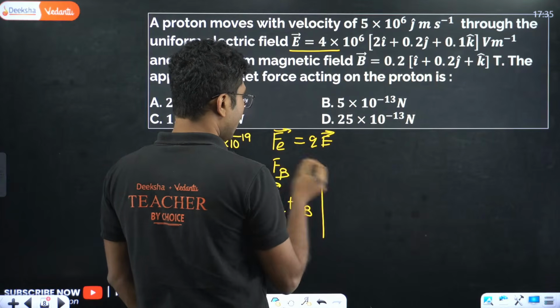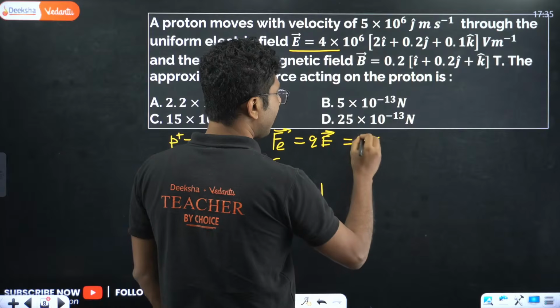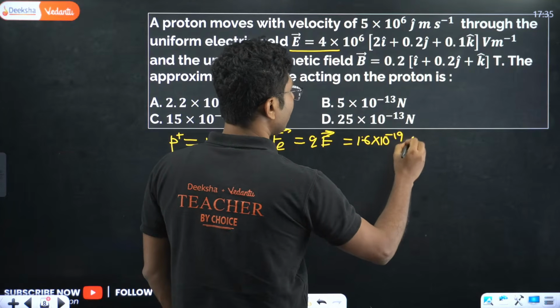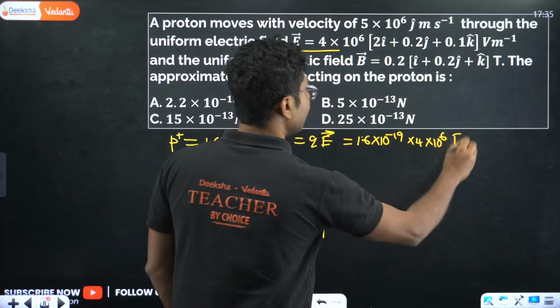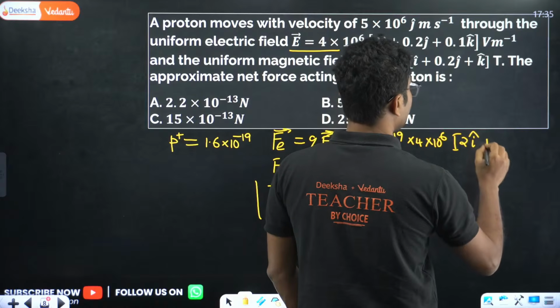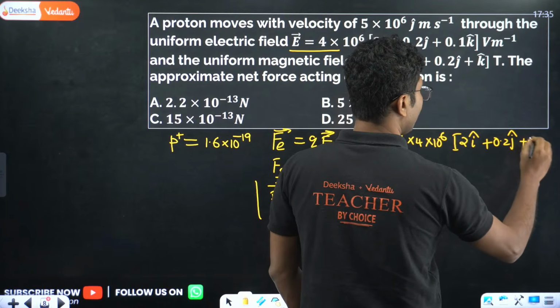So Q into E is basically 1.6 into 10 to the power of minus 19 into 4 into 10 to the power of 6 into 2 I cap plus 0.2 J cap plus 0.1 K cap.